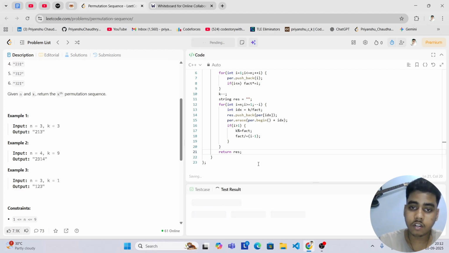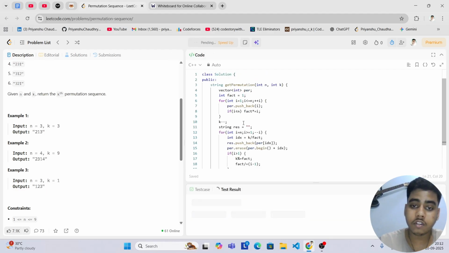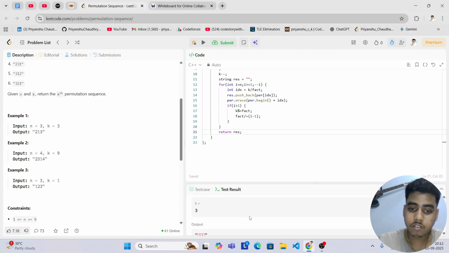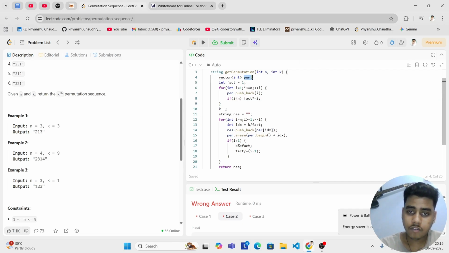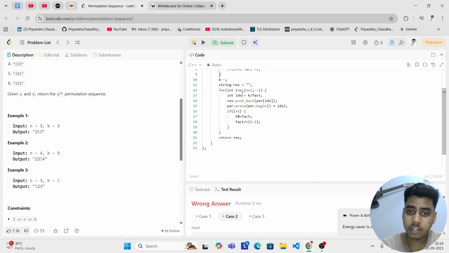And if I run this and check, we have made some mistakes, so the answer is coming empty in case 1, and again empty. So okay, now we can see here that our permutation array is an integer array, it's storing integers, but our resultant is a string.